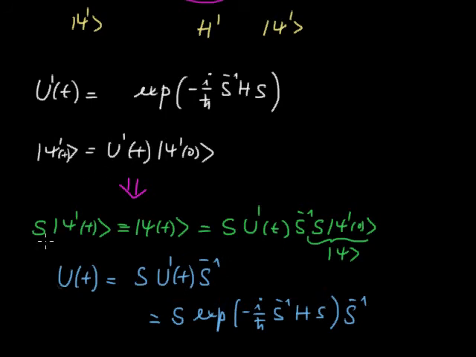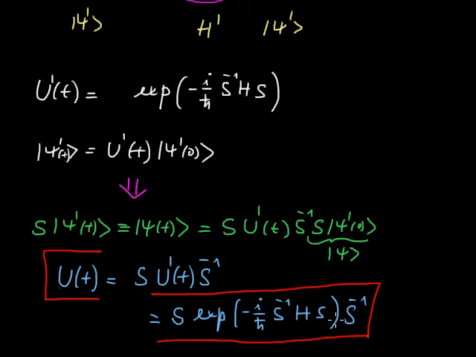So that's my evolution operator, the thing that is able to propagate the state vector from its initial value to the value at time t, and all that is now in the original basis.